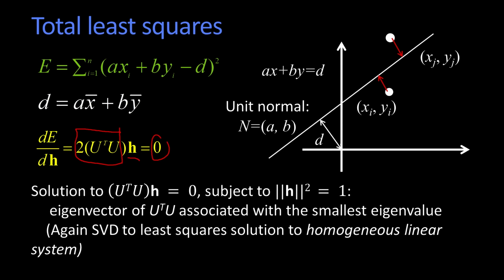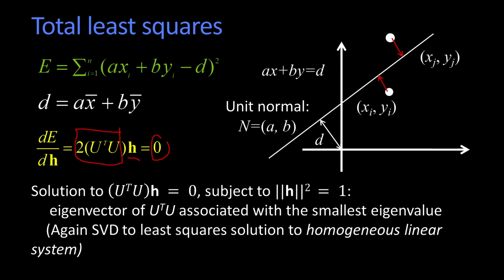In this particular case, we were going to do that eventually anyway, because remember a and b, which is what h is here, were the components of the unit direction of that line. So a and b have to be a unit vector, so we might as well just set the magnitude of h equal to 1. And you remember how you can solve that? You can do that whole SVD eigenvector thing again. So given U transpose U, you can find the eigenvector with the smallest eigenvalue, and that's your solution for h.